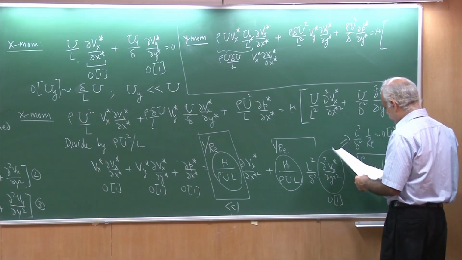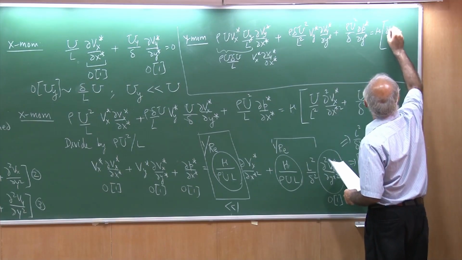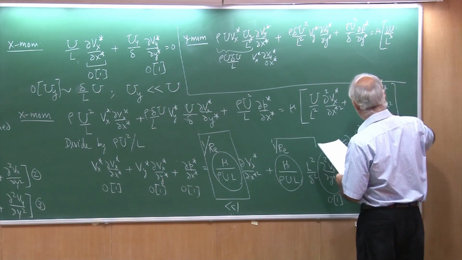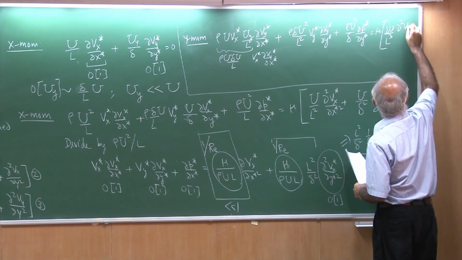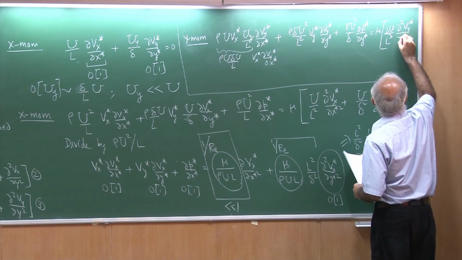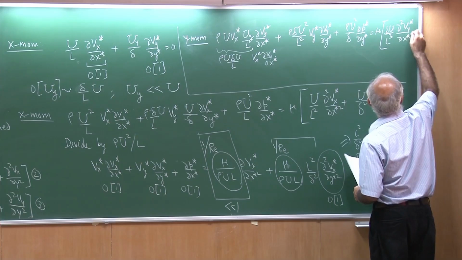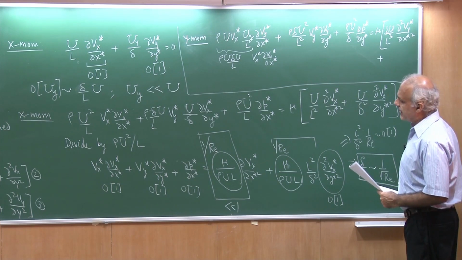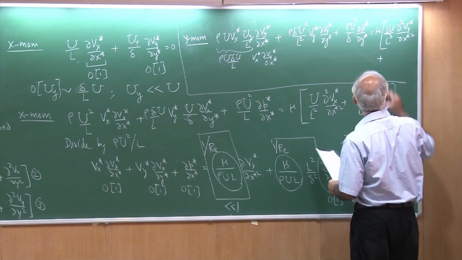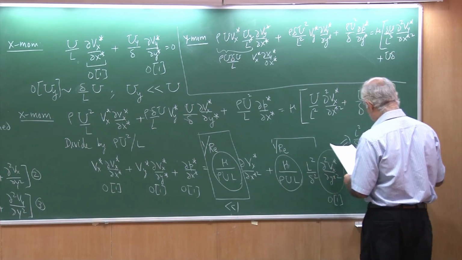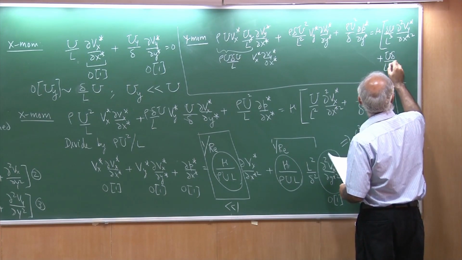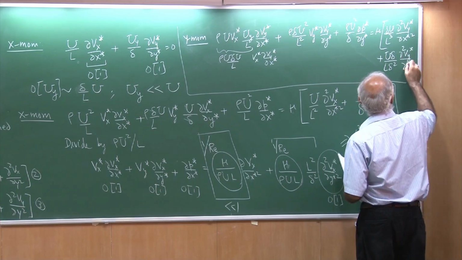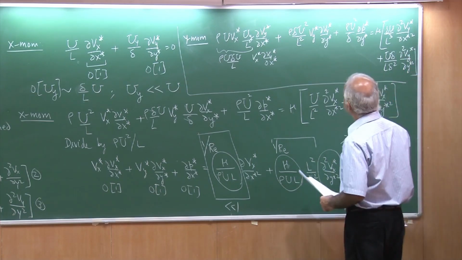They are going to be delta u by L cube del square Vy star by del x star square, plus the second derivative of the y velocity, which would be u times delta by L delta square del square Vy star by del y star square.